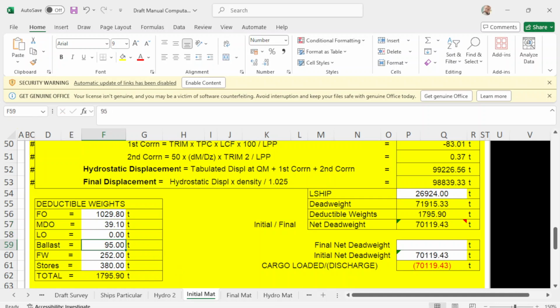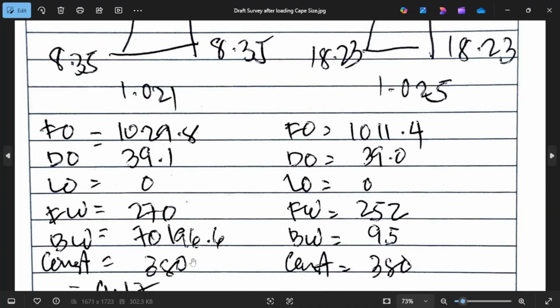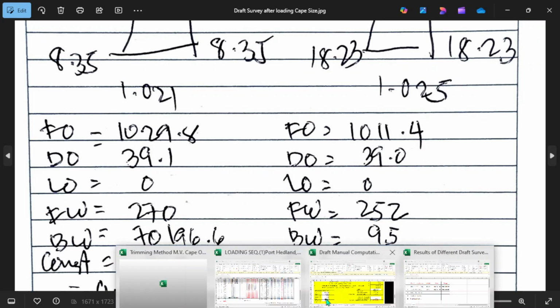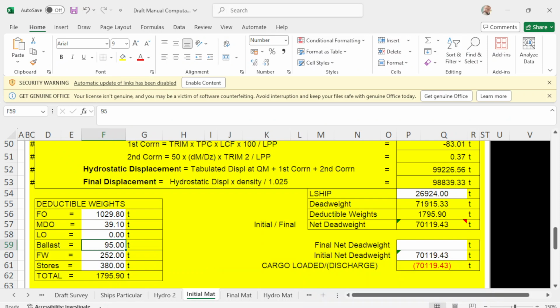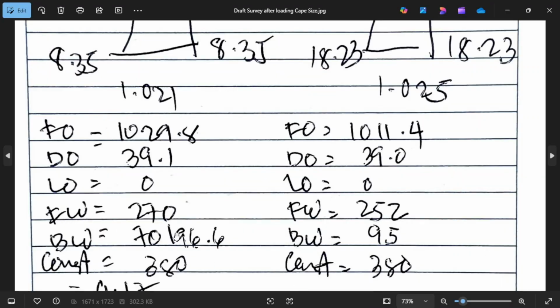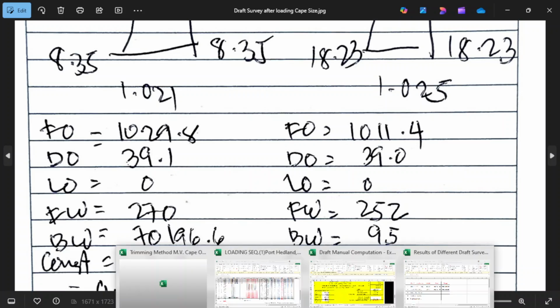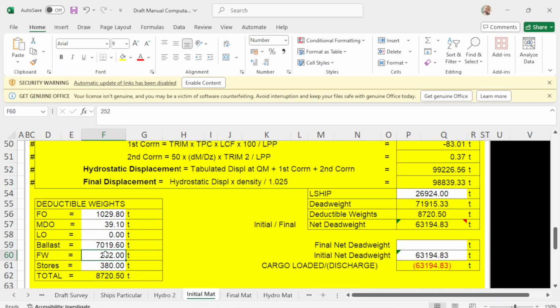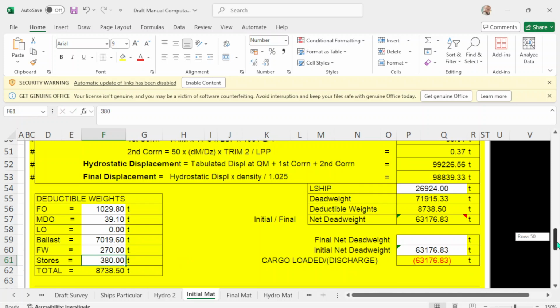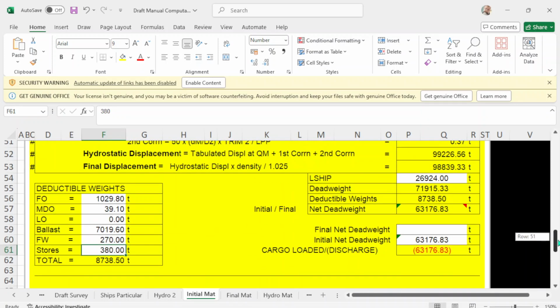And your ballast is, how much is your ballast? Ballast is 7019.6. Okay, and your freshwater is 270. And your cargo will be, this is initial.